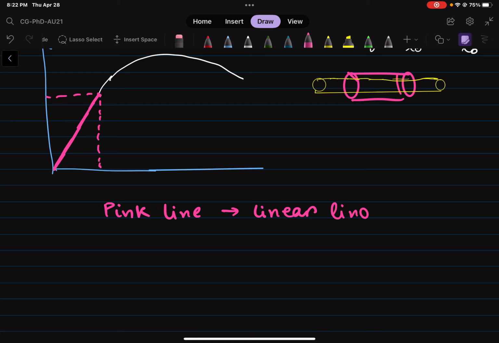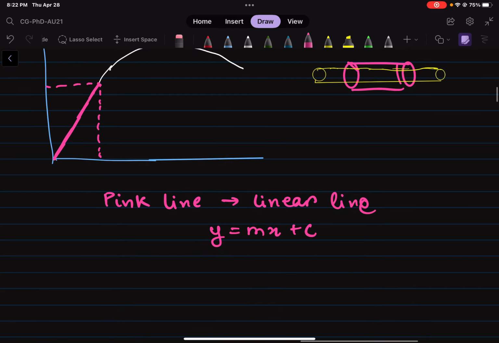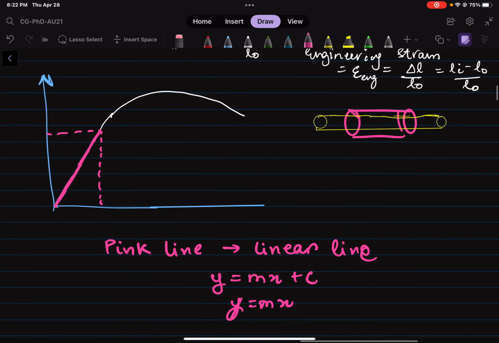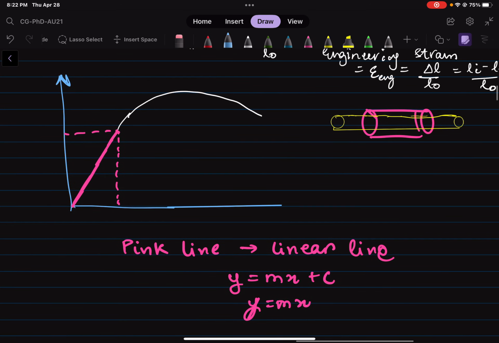So it will be in the form of y equals mx plus c, or to be more precise, you could just write y equals mx. It has a slope. And the curve that we are drawing here is simply stress versus strain.